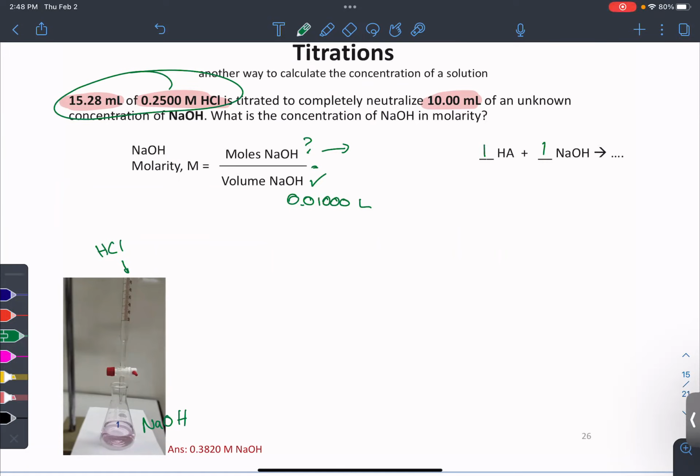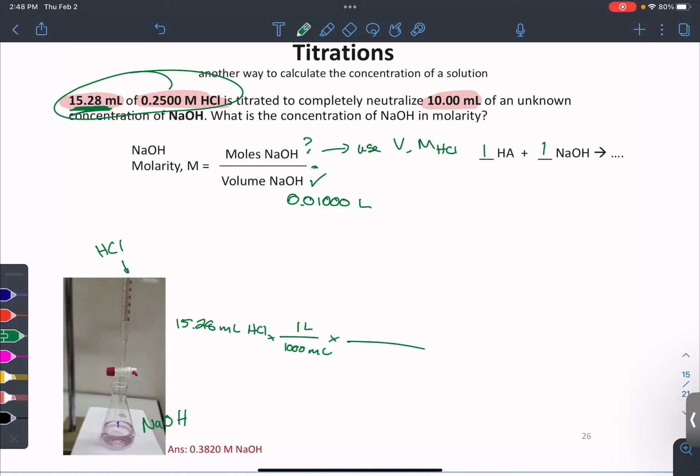So to get moles of sodium hydroxide, we use volume and molarity of that HCl that's given. Starting with the volume of HCl that we dispense, so 15.28 milliliters of that HCl, I need to convert that to liters. So 1,000 milliliters is 1 liter.